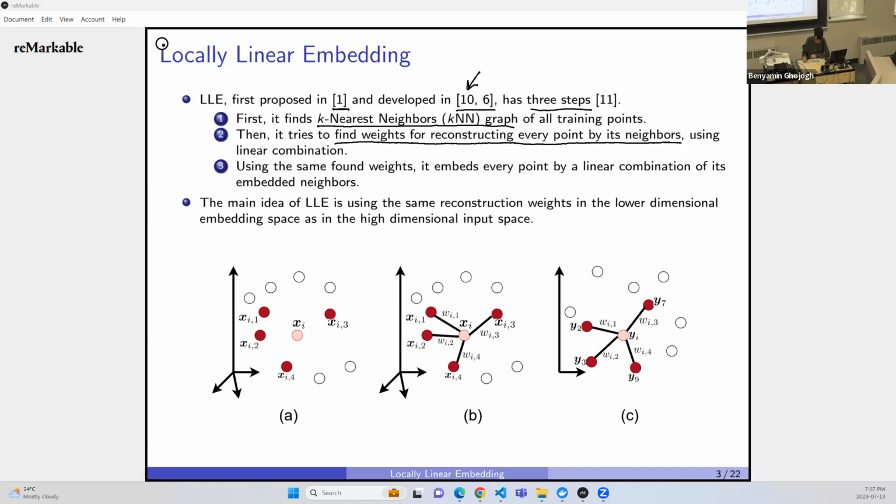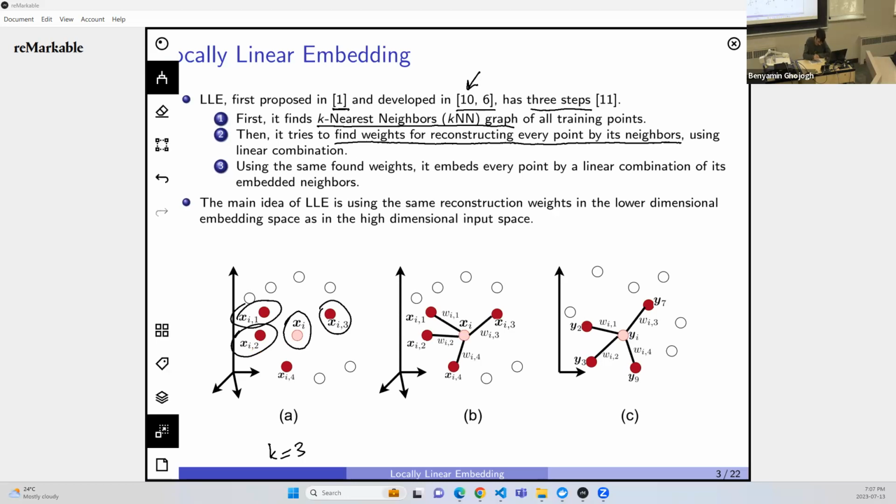What do I mean? Assume I've formed a k-nearest neighbor graph, and for xi, assume my k is 3. These are the 3 nearest neighbors, and I denote them by xi1, xi2, and xi3, right? Okay, let me clean it.